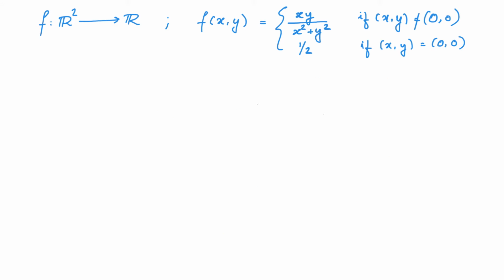Now, it's natural to ask if this function will become continuous if we define the value at (0, 0) to be equal to 0. Unfortunately, it will still not be continuous.